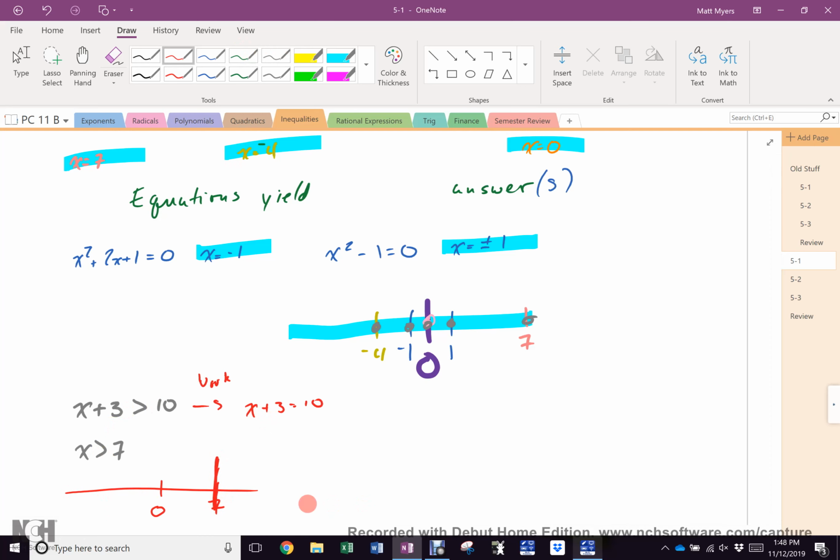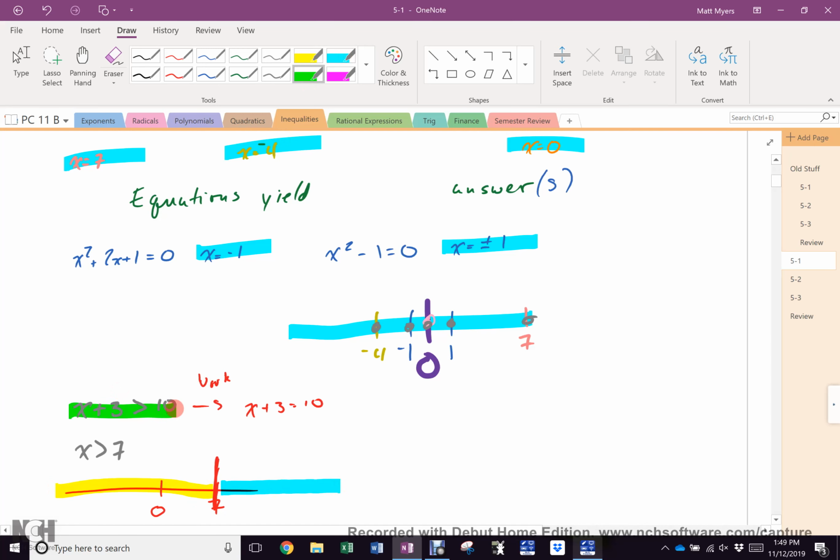It splits it, yeah? So now all of these numbers on the number line are what? Greater than 7. What are all of these numbers? Less than 7.